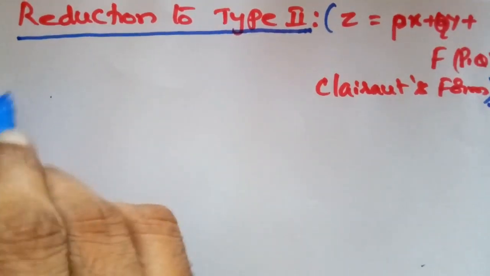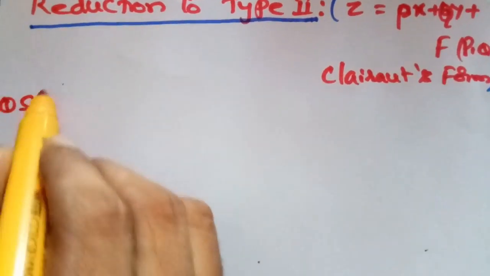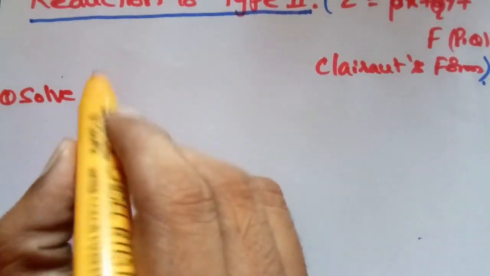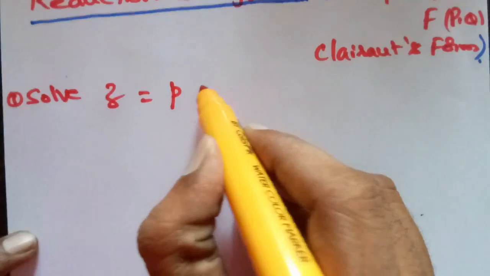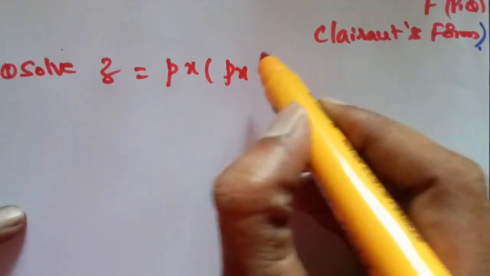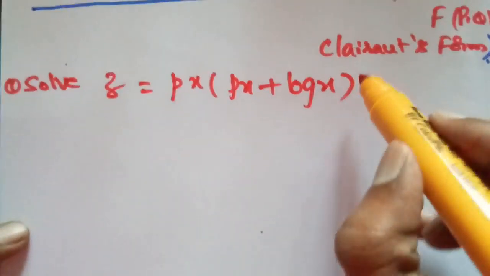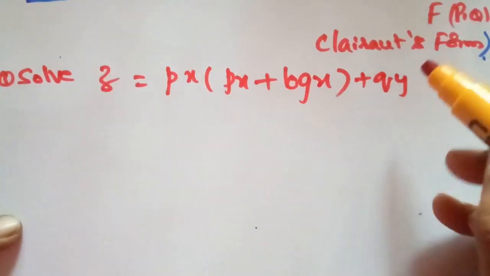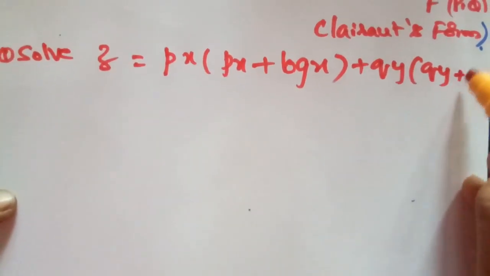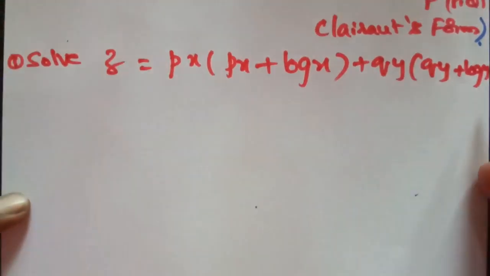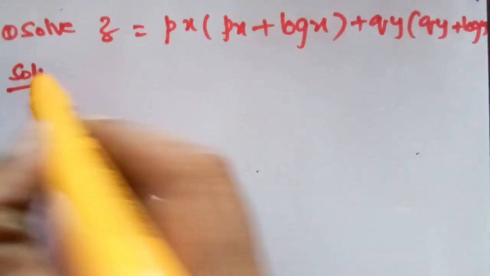Therefore, solve Z is equal to Px into Px plus log x plus Qy into Qy plus log y. This is the given problem.